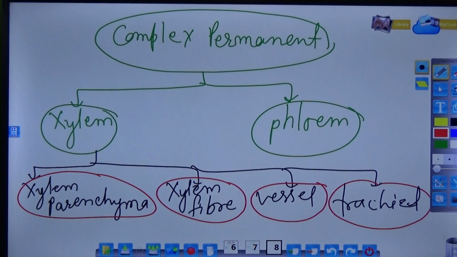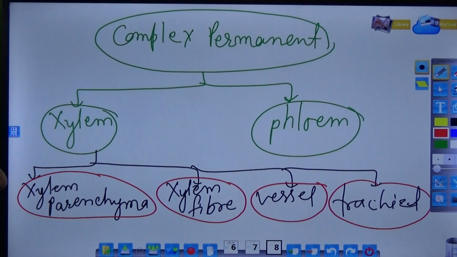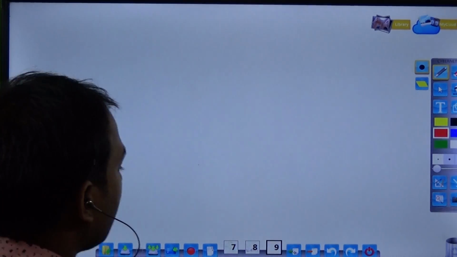Now we will see the components of phloem. You can see on the next page.